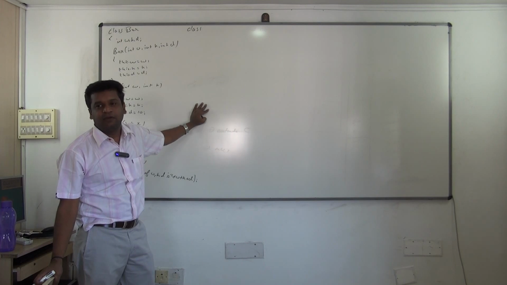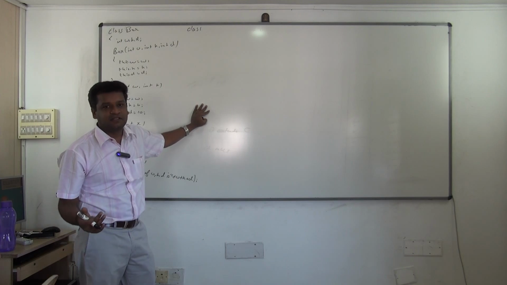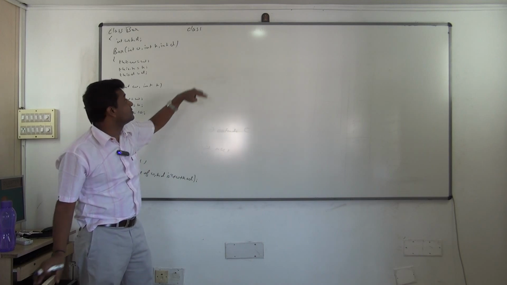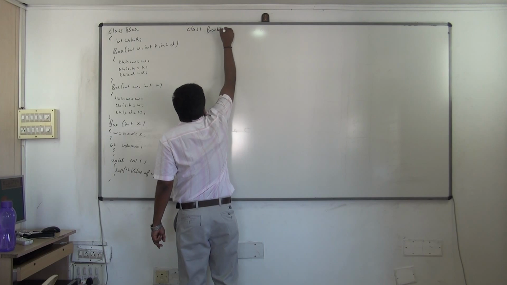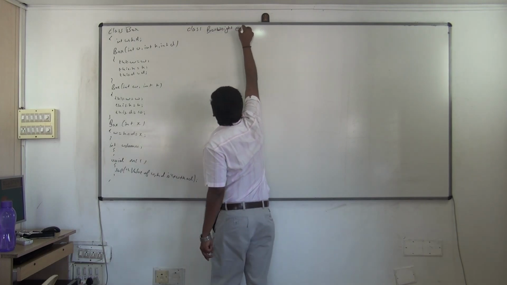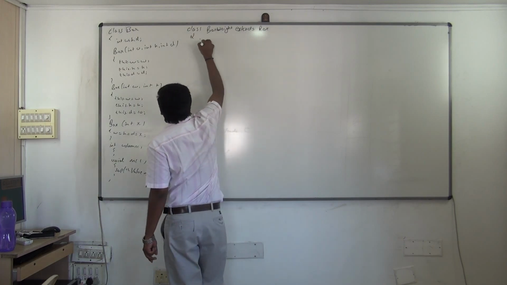Why do you write a subclass? For modifying an existing class. Okay, that is one reason. Why else do you write a subclass? For inheriting. Understood? Yes, class BoxWeight extends Box. Now what is the extra member you want to add? Add int weight.